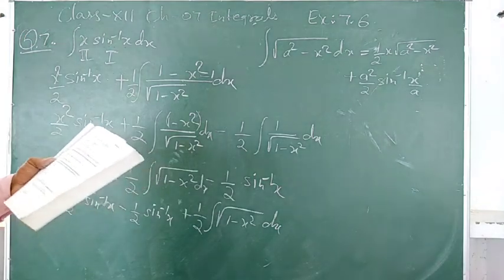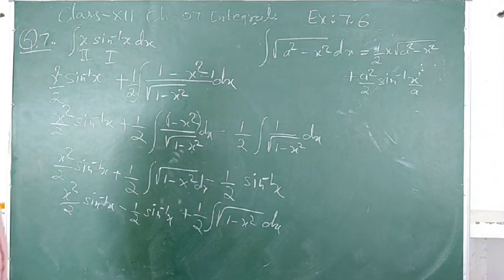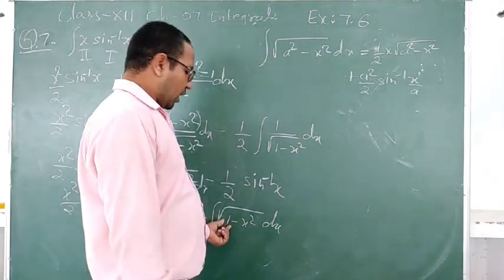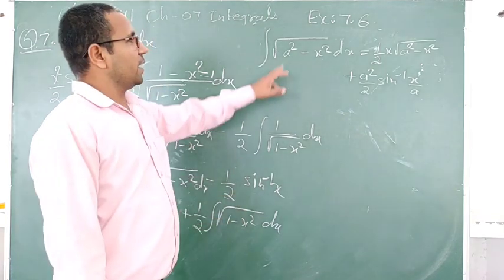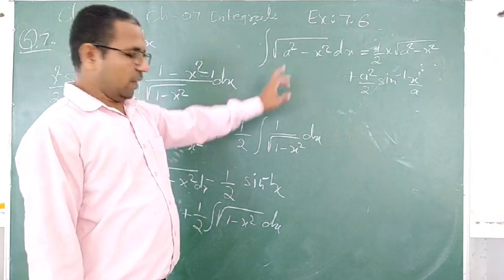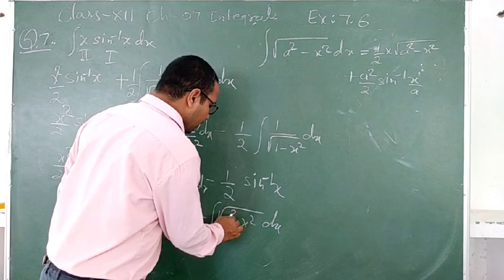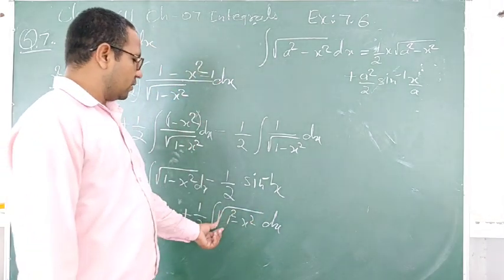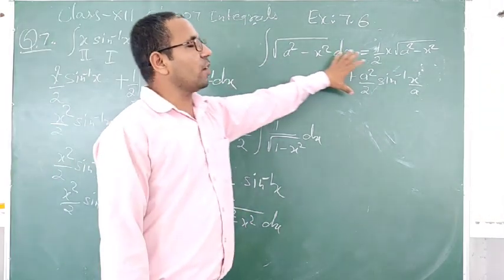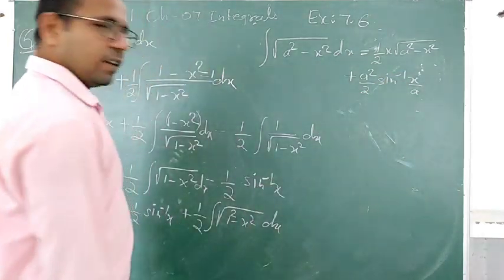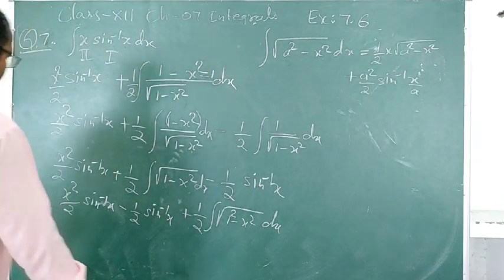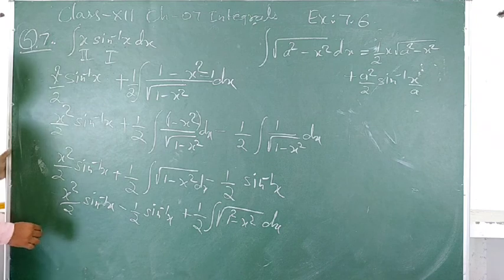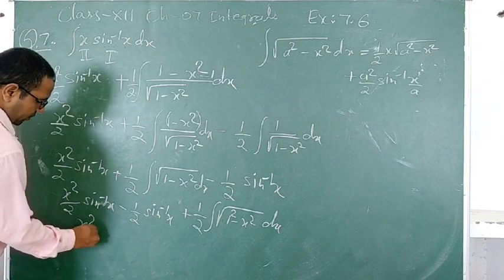So now students, what we have to do here? At the place of 1, it is given here a square, so we can make it 1 square also. So now 1 square minus x square, we can use this formula. So how much will we get here? We can get x square by 2, this one will remain the same.